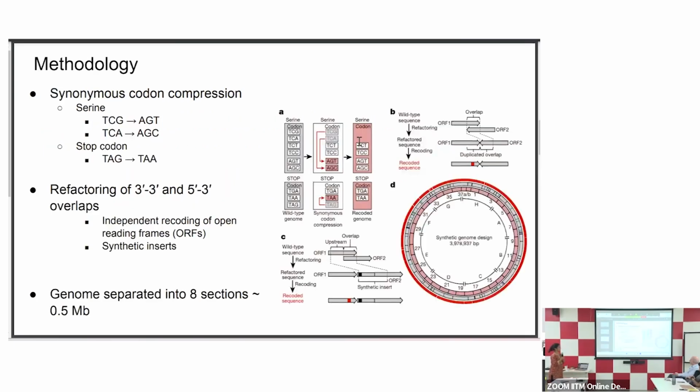So they have replaced the serine codons TCG and TCA with their synonyms and the stop codon TAG with TAA. And in replacing these codons, they have taken care of overlaps by inserting some synthetic sequences which totally decouple the overlaps, and then they go about replacing with the synonyms.